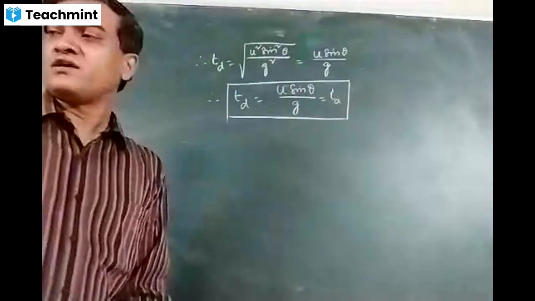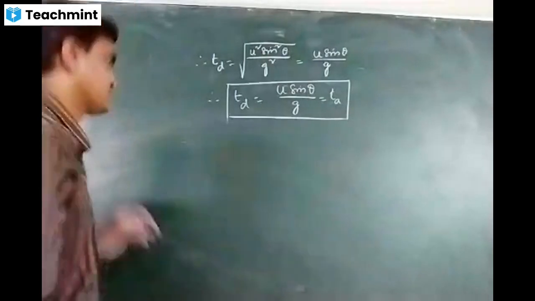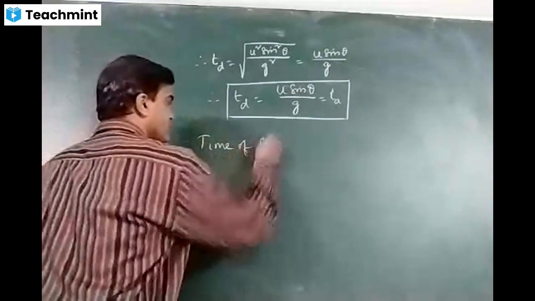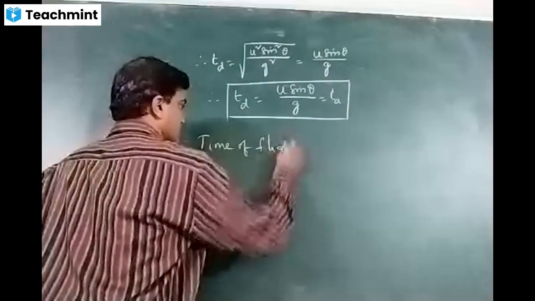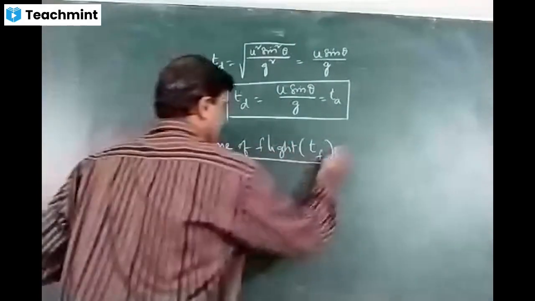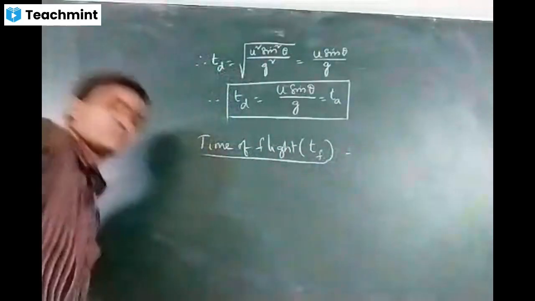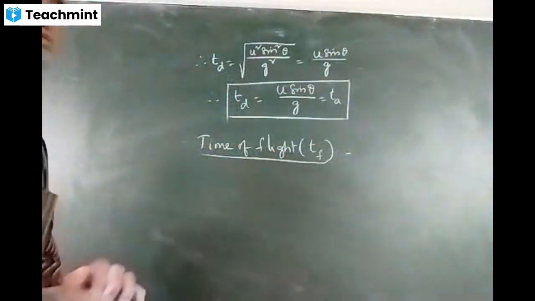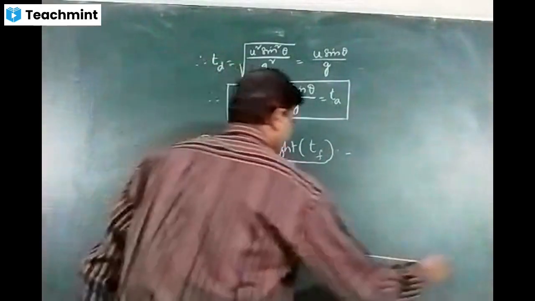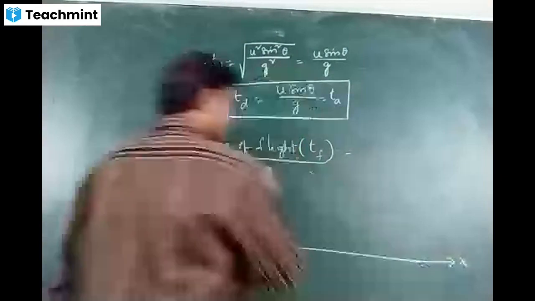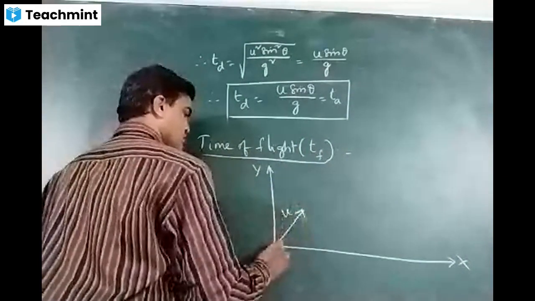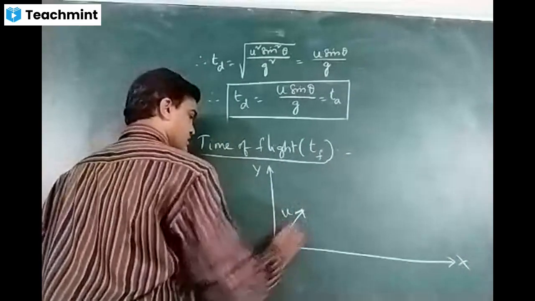Okay, time of descent. Now let us find out the time of flight. I will use the symbol TF. In time of flight, x-axis, y-axis, origin, u, theta.